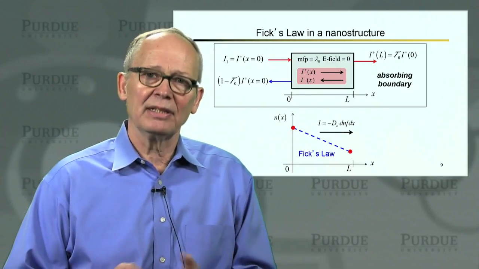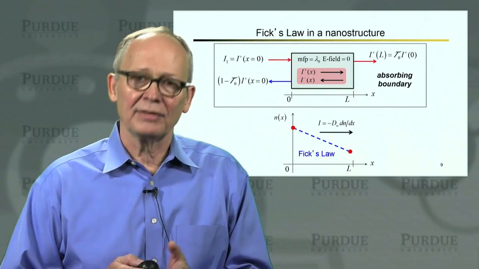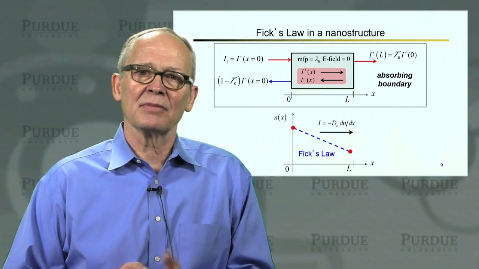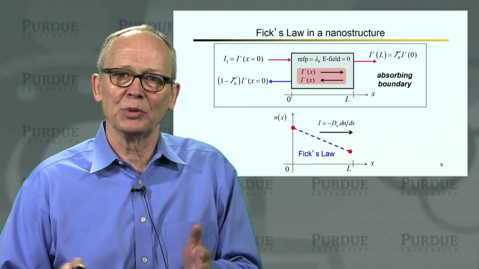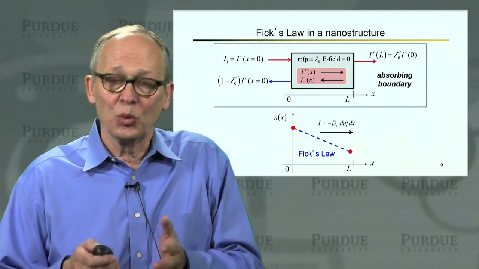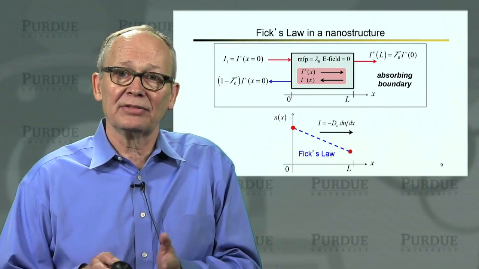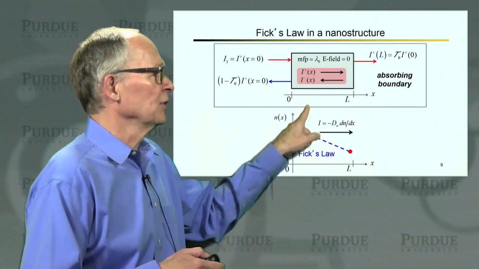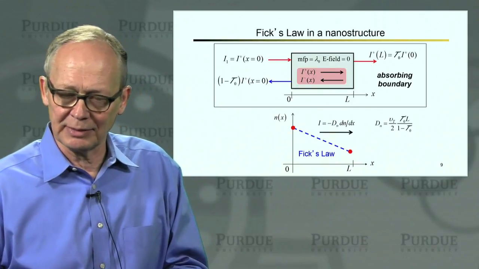Now, it is commonly thought, and often stated in textbooks, that Fick's law only applies when the structure is many mean free paths long, when you're in the diffusive limit. We have derived something that looks like Fick's law, but it applies for nanostructures. It applies all the way to the ballistic limit, or as we approach the ballistic limit.